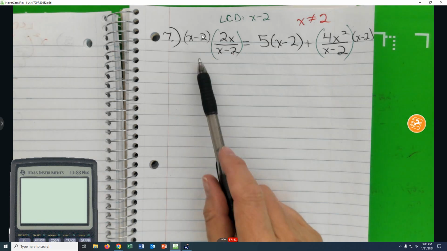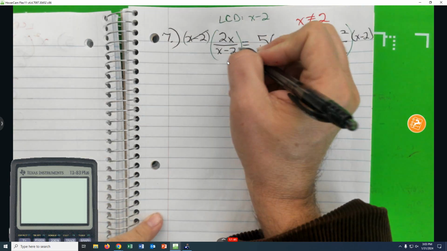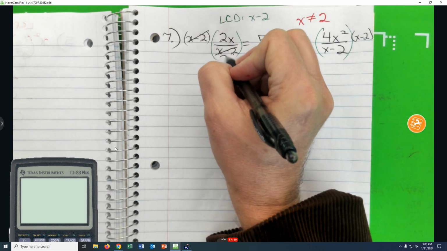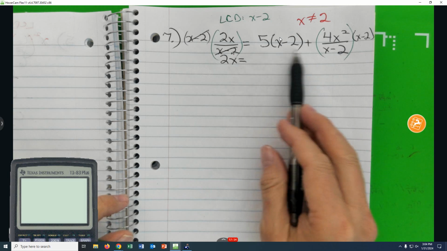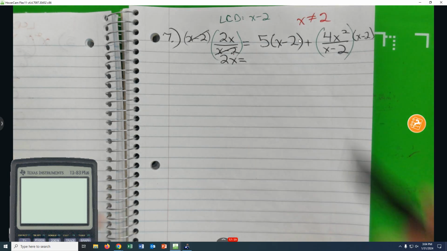What's going to cancel in the first product? The x minus 2's, leaving us just 2x equals the second product. What's going to cancel? Nothing. There's no fraction, so you just distribute.